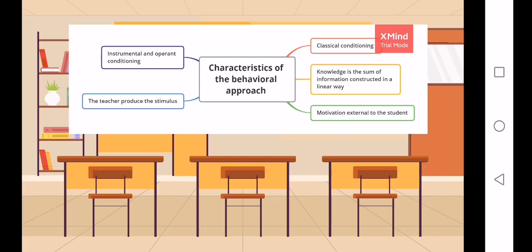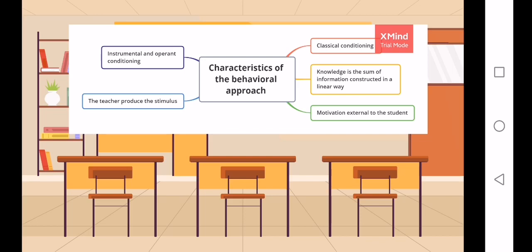And in this slide we have characteristics of the behavioral approach. First, knowledge is the sum of the information constructed in a linear way. Motivation is external to the students. It is like stimulating a student to put his or her faculties into activity.